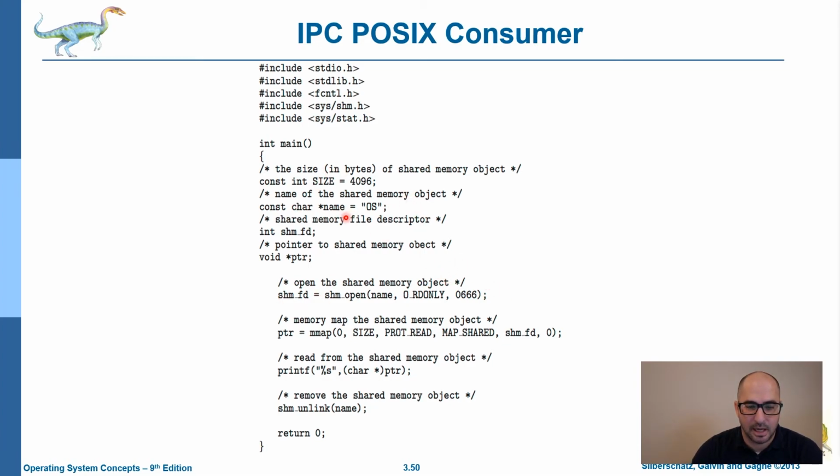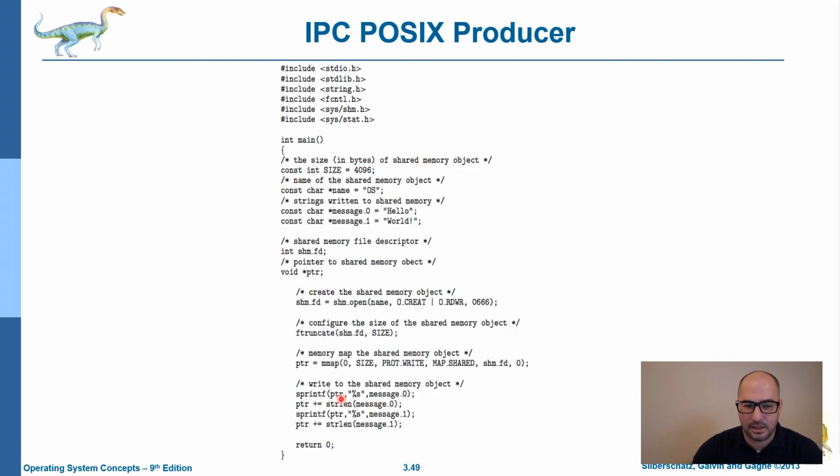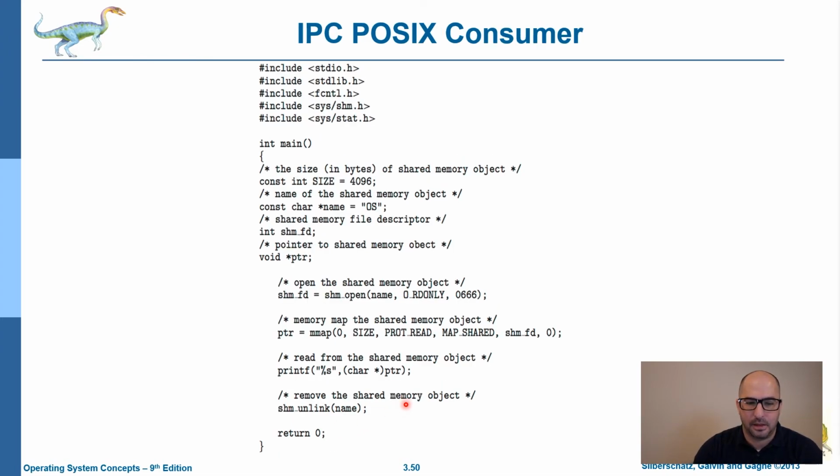In this case, it's got a name. The shared memory segment is identified by the string. It reads from it, and that's it. When it's done with it, it unlinks it so that it is no longer part of the consumer's destruction.